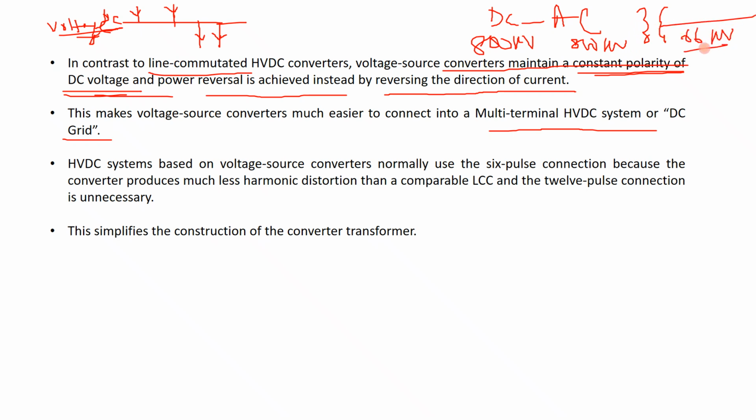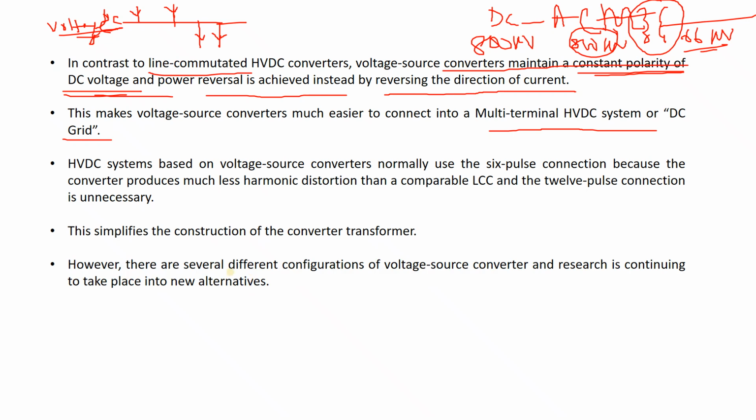Now, without the help of a transformer, we cannot step down to say 66 kV or 33 kV. So we require a transformer. If the AC voltage is harmonic free, that means the transformer can also be operated in a much safer way. Otherwise there is a big risk for the transformer operation also, because transformers are very expensive, one of the most expensive components other than the alternators.